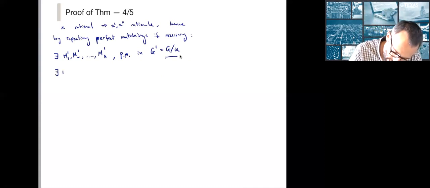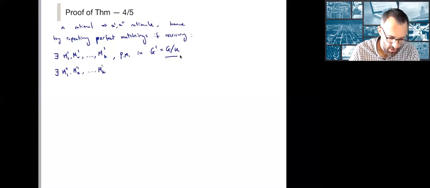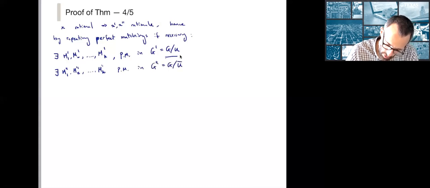And there exist similarly M1 double dash, M2 double dash, up to Mk double dash, same K, that are perfect matchings in G double dash, which is G with U bar contracted, such that X dash is equal to the average of these Mi dash and X double dash is equal to 1 over K times the sum of the Mi double dash.